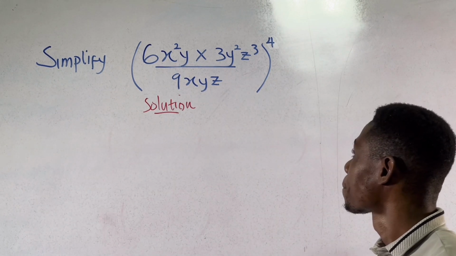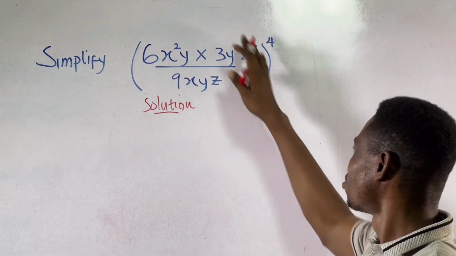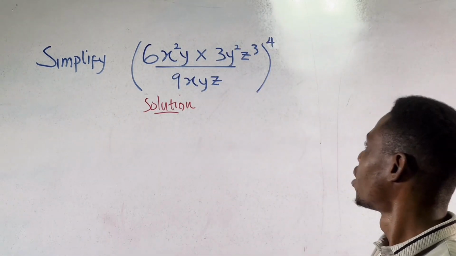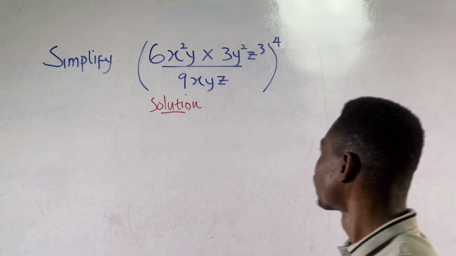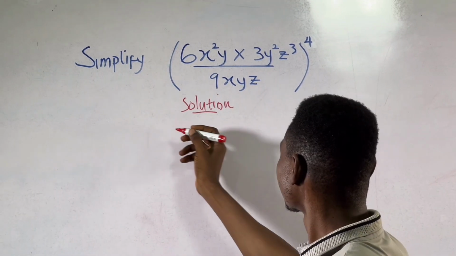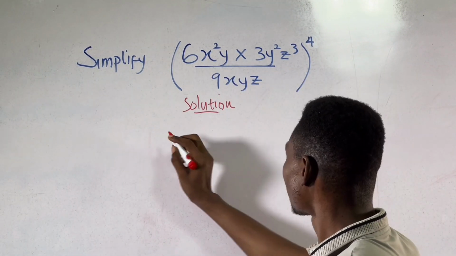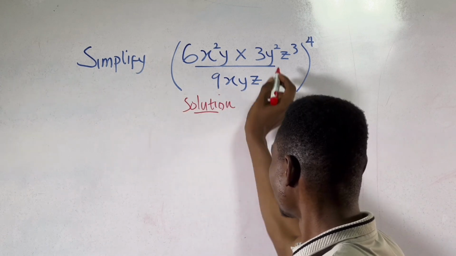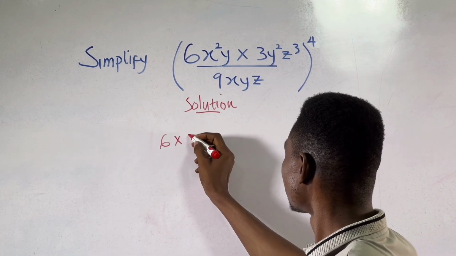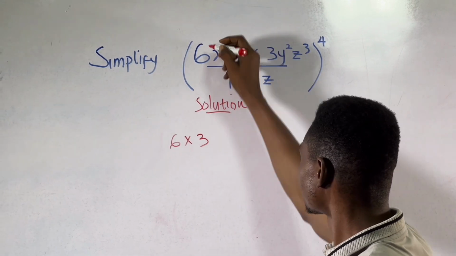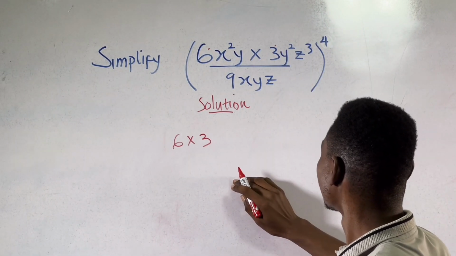Okay, so let's resolve what we have inside the bracket before we introduce our 4. So the numerator will have, let's bring out the numbers. So we'll have 6 times 3, that's 6 and 3.